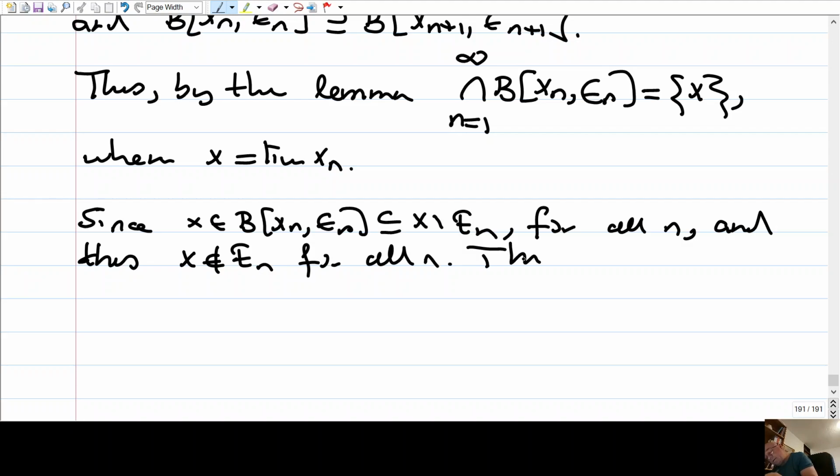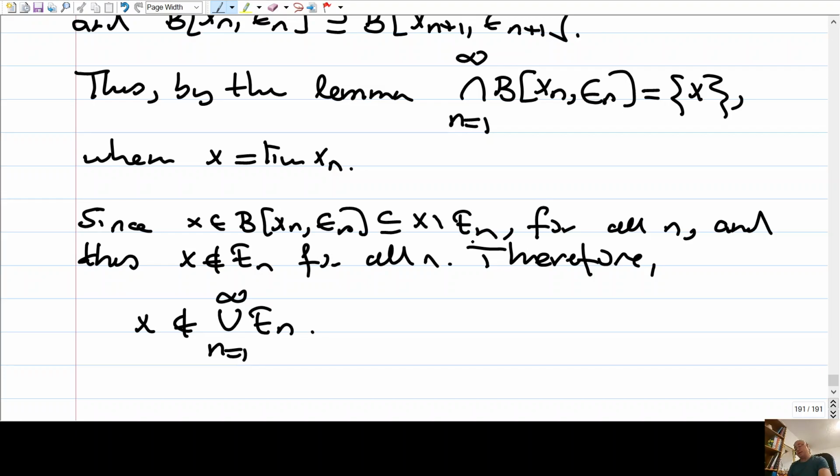Therefore, this x cannot be in the union of these Ens because it is not inside any of them. Therefore, it cannot be in the union.